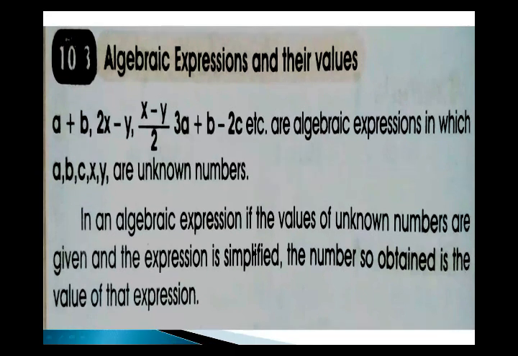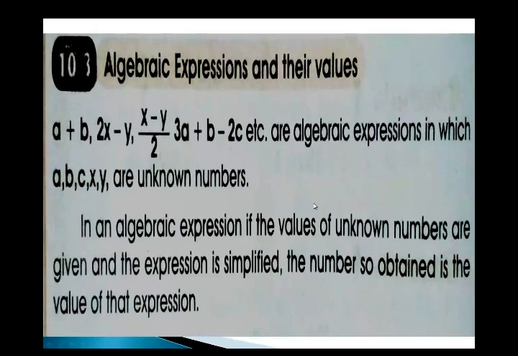In an algebraic expression, if the values of unknown numbers are given and the expression is simplified, the number so obtained is the value of that expression. So if they give the values of a, b, c, x, and y, then you just put the values in the given expression, and you have the simplified answer of that question. Okay, hope you all understand.